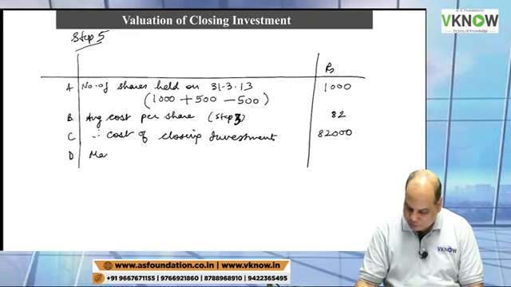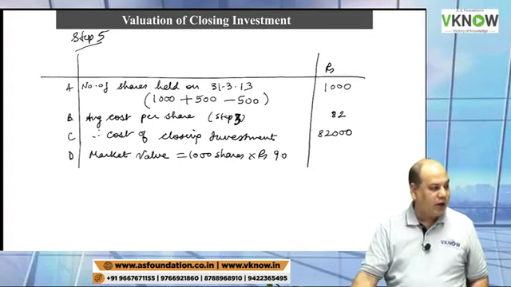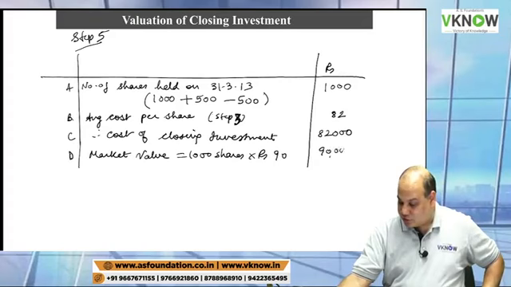Point D, market value. Market value will be 1000 shares into 90 rupees, so it is 90,000.